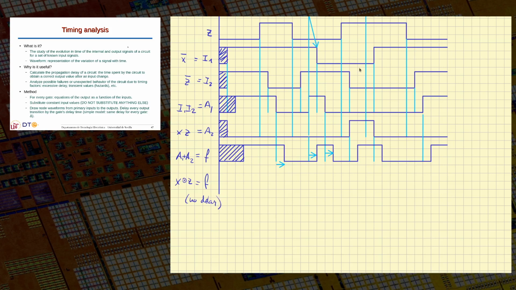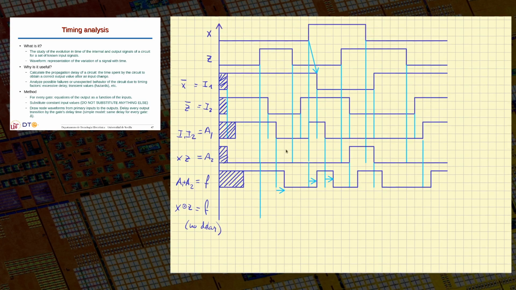And with no delay, it's easier to do when now we have to consider whenever z changes, or here or here, or whenever x changes.